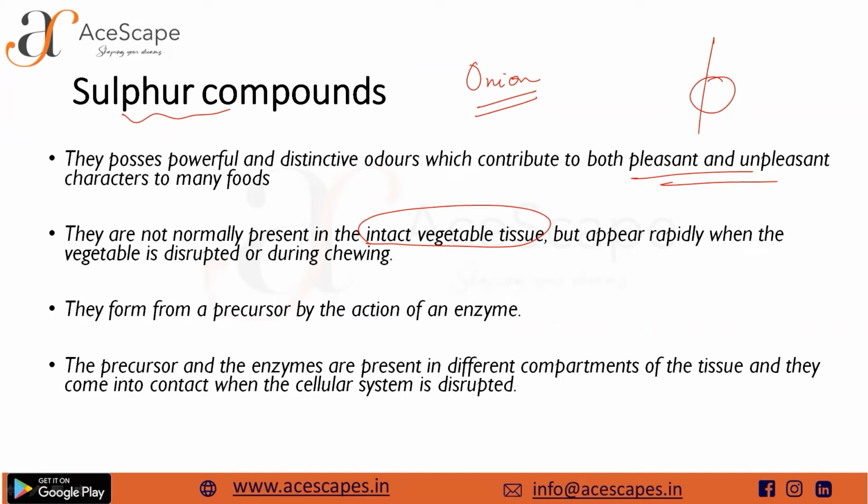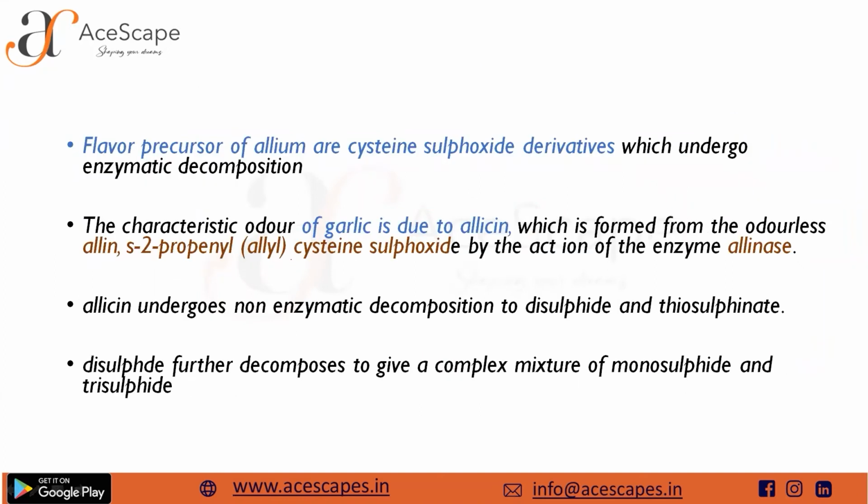The tissue will open, so the compound will be exposed to oxygen. When we are cutting, the compound will get disrupted and we will feel the smell. So we said these are the main compounds responsible for the flavor of onion.